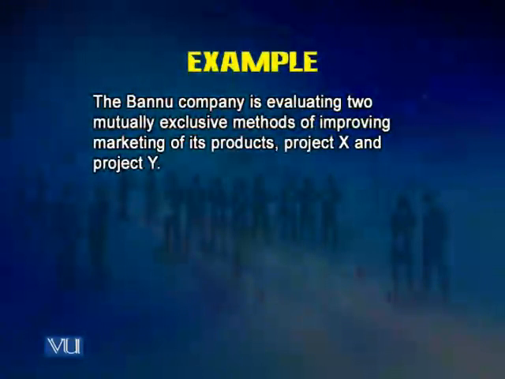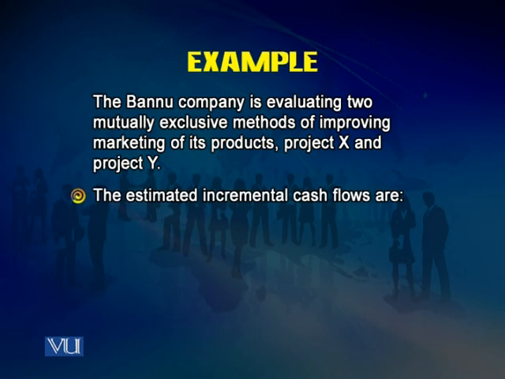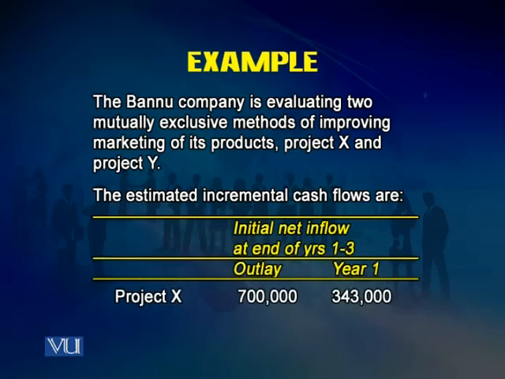In this example, the Bannu company is evaluating 2 mutually exclusive methods of improving marketing of its products, Project X and Project Y. The estimated incremental cash flows are: Project X outlay in the current period 700,000, and in years 1, 2 and 3 the net cash flows are 343,000 every year.